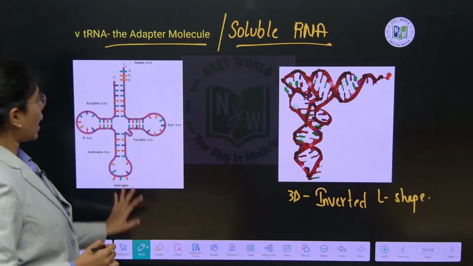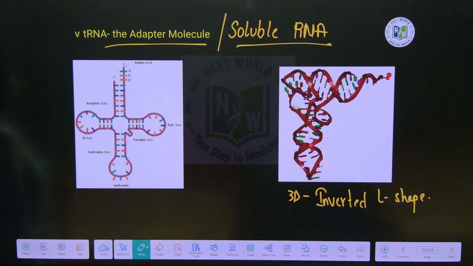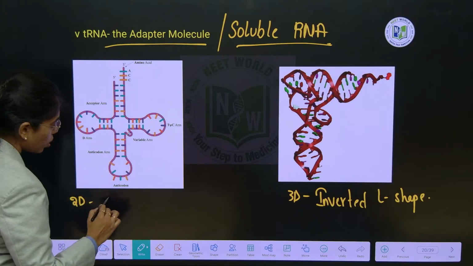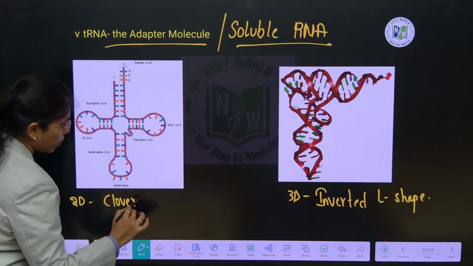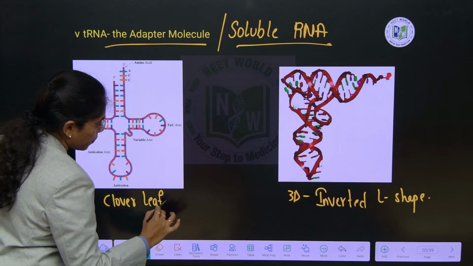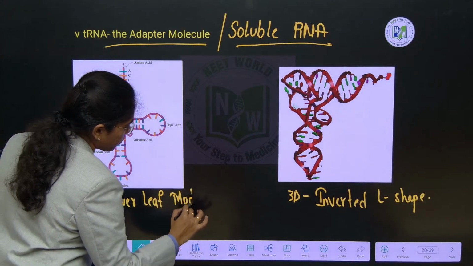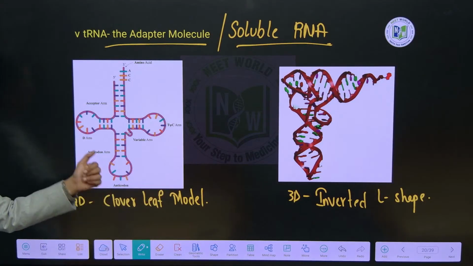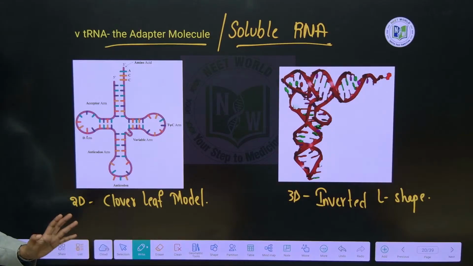And this is the clover leaf model, which is the secondary 2D structure. So 3D is inverted L shape and 2D is the clover leaf model.